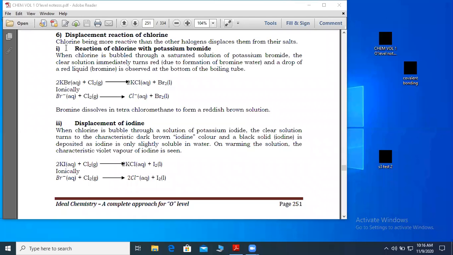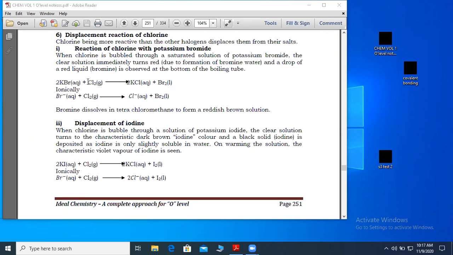We remember the order of reactivity decreases as you go down the group, and the first element in the group is fluorine, followed by chlorine, followed by bromine and iodine. So the order of reactivity decreases in that order.